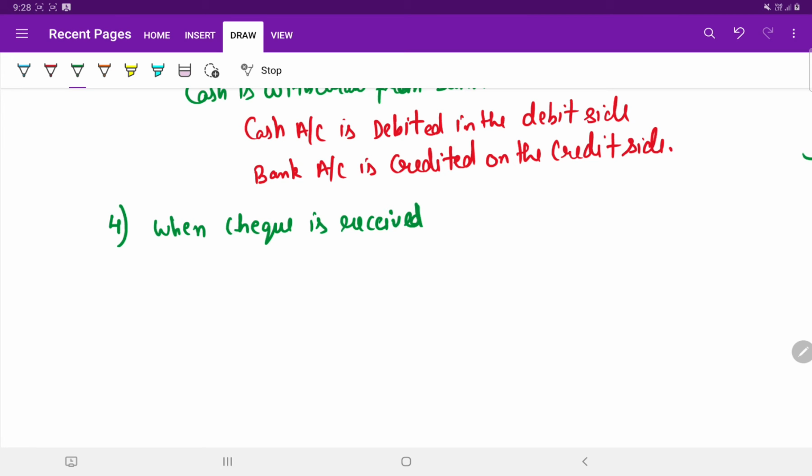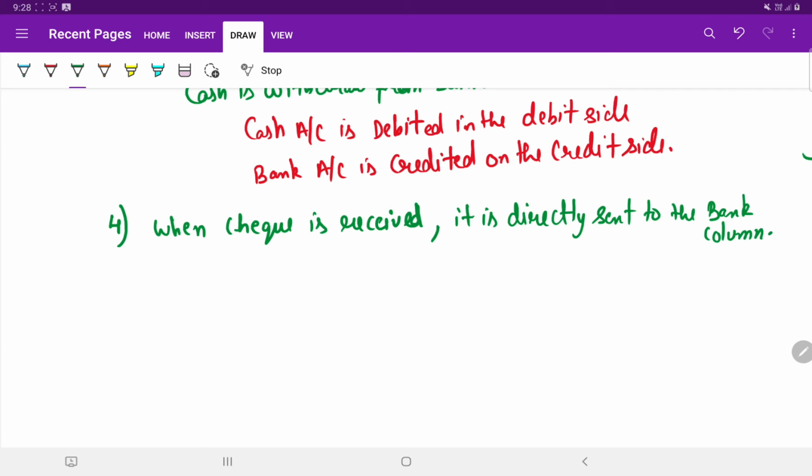So it is directly sent to the bank column, because checks will have to be sent to the bank to be deposited. So it is directly sent to the bank column.